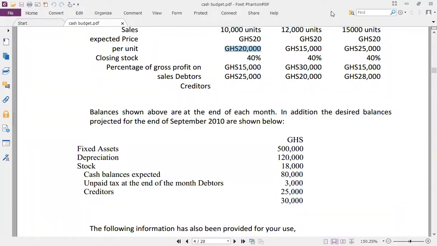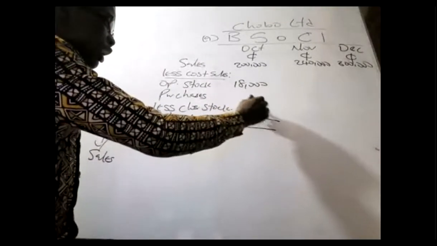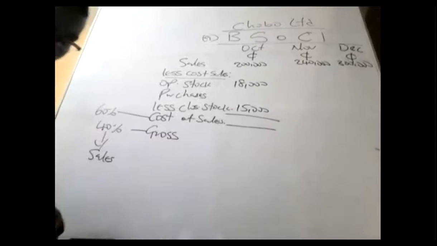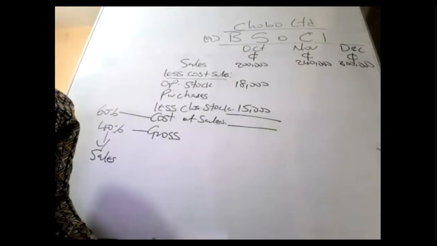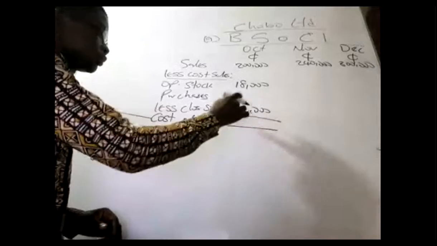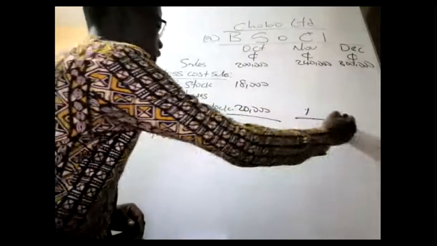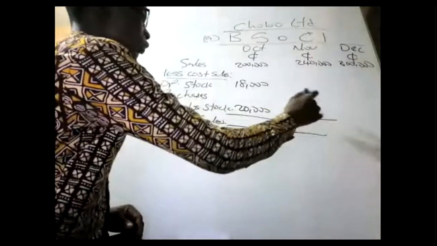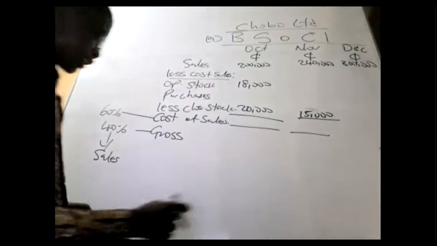So here is 20,000, then 15,000, then finally we have 25.